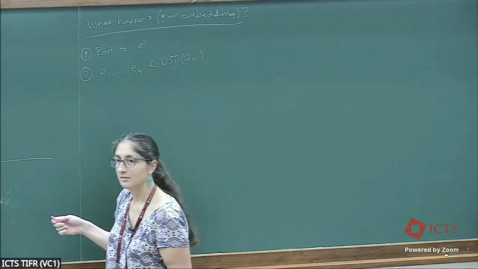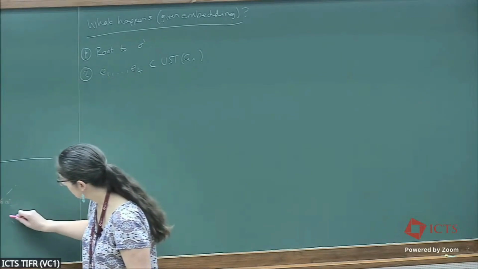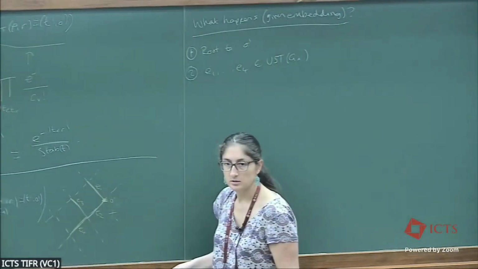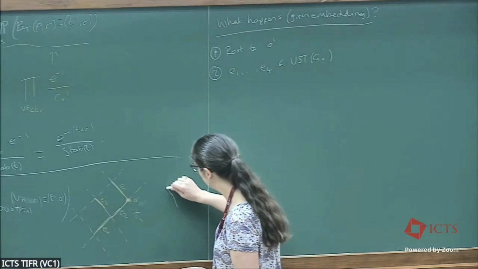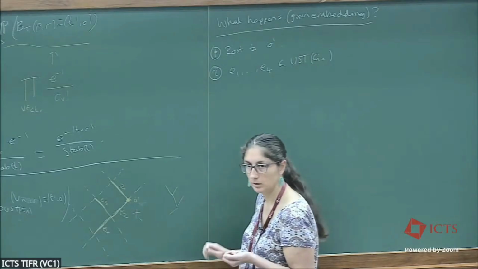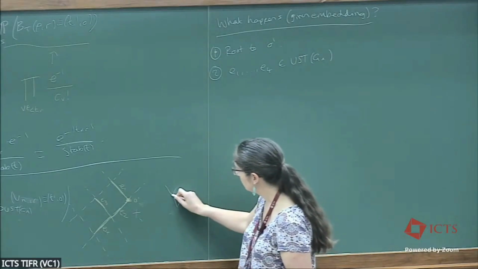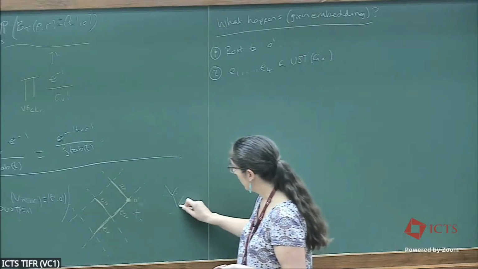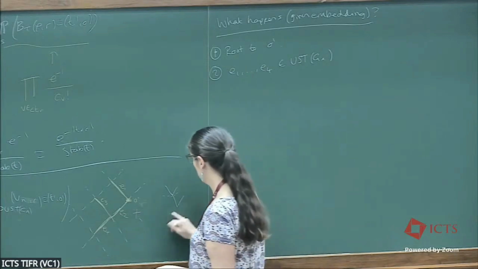For example, this edge could not be present, because otherwise my ball of radius r would not look like this, but there would actually be a third one coming off. So I know it must not be present. The same argument goes for any edge which I could potentially attach and add to the ball of radius r, it also has to be missing from the spanning tree.